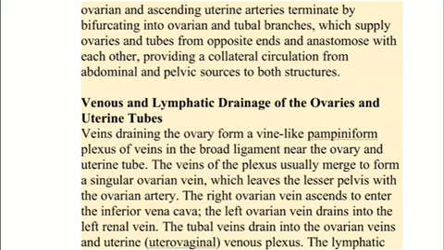The ovarian vein leaves the lesser pelvis with the ovarian artery. The right ovarian vein ascends to enter the inferior vena cava. The left ovarian vein drains into the left renal vein. The tubal veins drain into the ovarian veins and uterine venous plexus. The uterine venous plexus is also called the uterovaginal plexus.